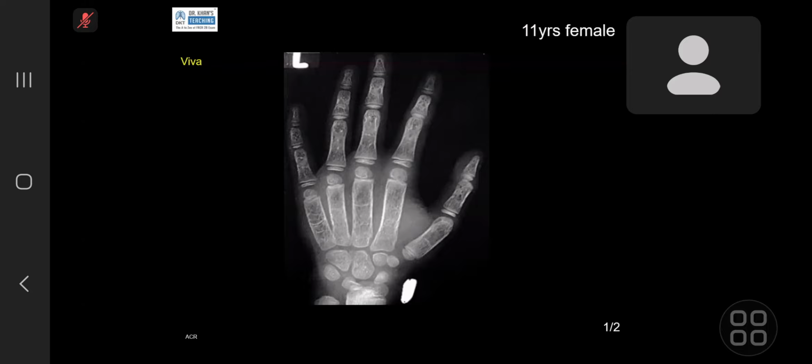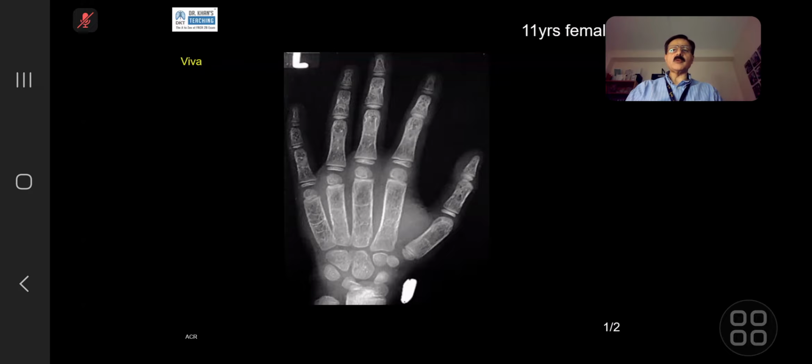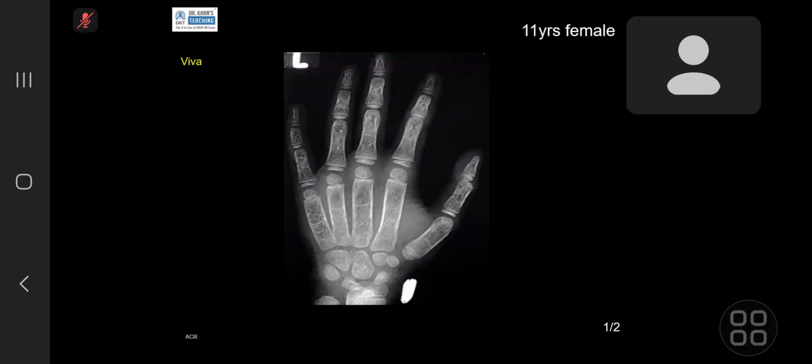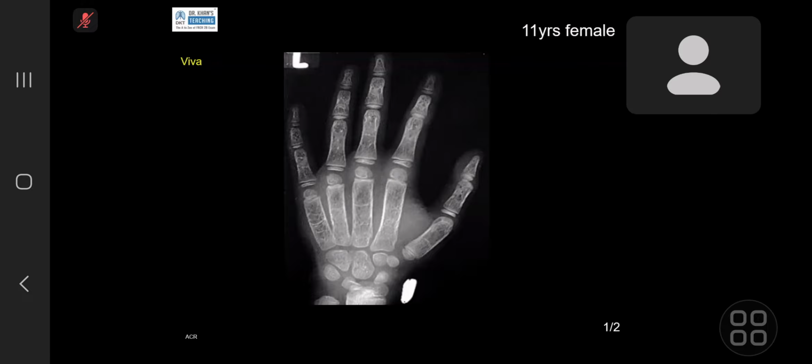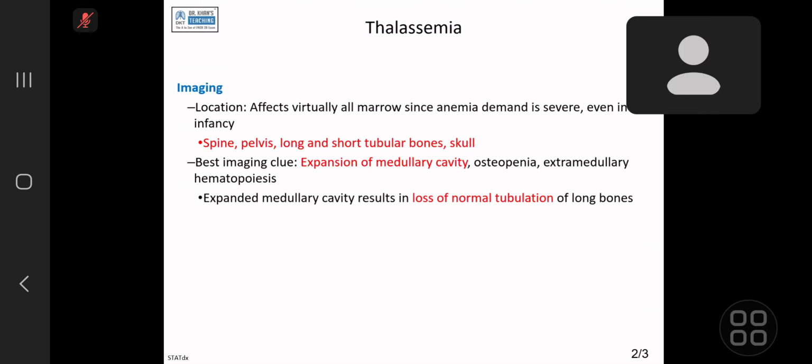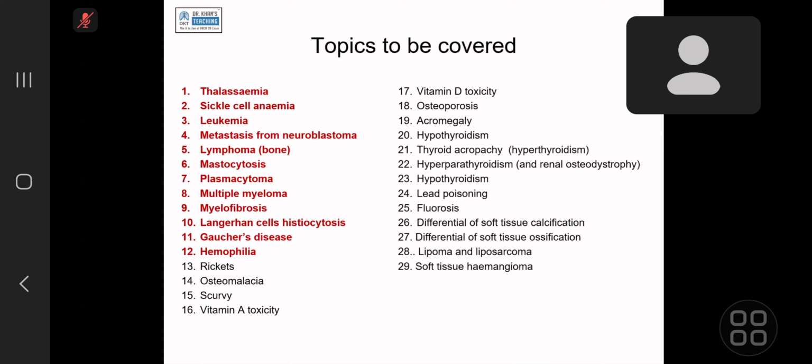Maybe extramedullary hematopoiesis. When you see the word extramedullary hematopoiesis, I mean, medullary hematopoiesis, active bone marrow. So give me your diagnosis. This is active bone marrow in chronic hemolytic anemias.